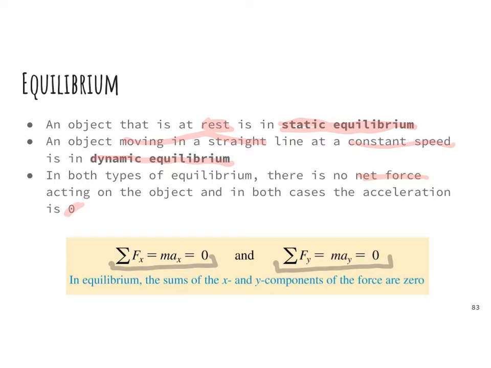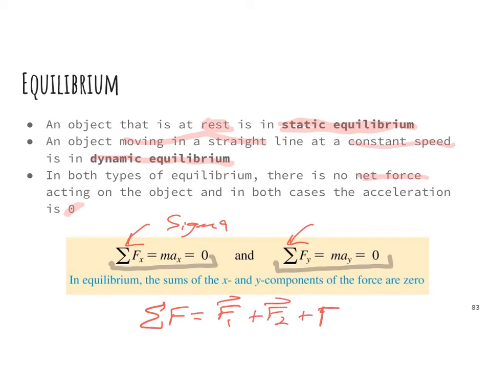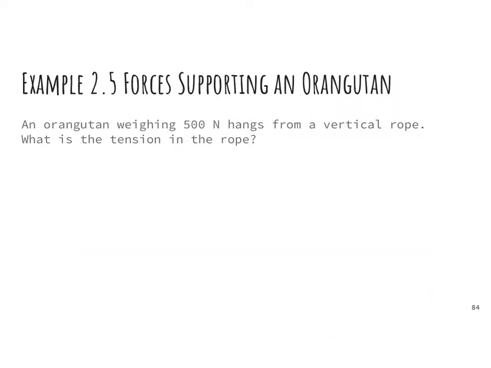So this little weird looking E here, for those of you who aren't familiar with it, this is sigma. And sigma means the sum of all the forces. So the sum of all the forces equals the first force plus the second force plus the third force, etc. As we look in each direction, both the x direction and the y direction, we evaluate those independently of one another.